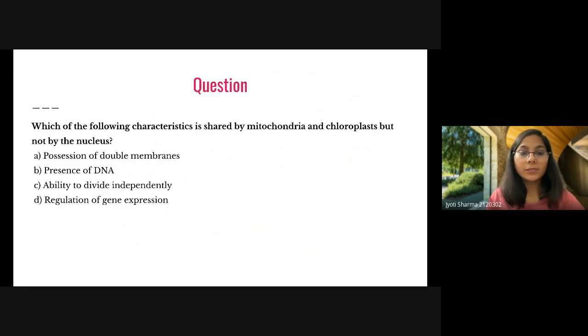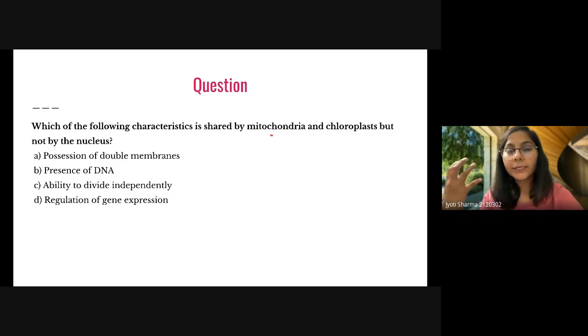Okay, the next question is, which of the following characteristics is shared by the mitochondria and chloroplast but not by the nucleus? Options are possession of double membrane, presence of DNA, ability to divide independently, regulation of gene expression. As I told you, we have three types of genetic material inside our cell.